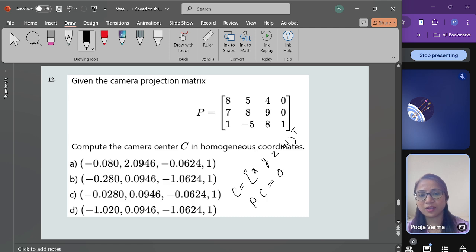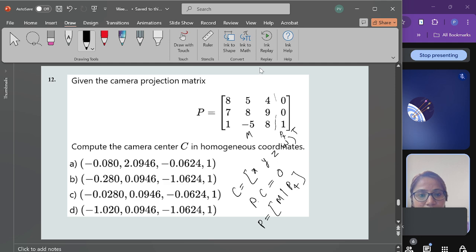Already we have seen this one. And also we know that P is equal to M given P4, where this part is M, and the rest is P4.